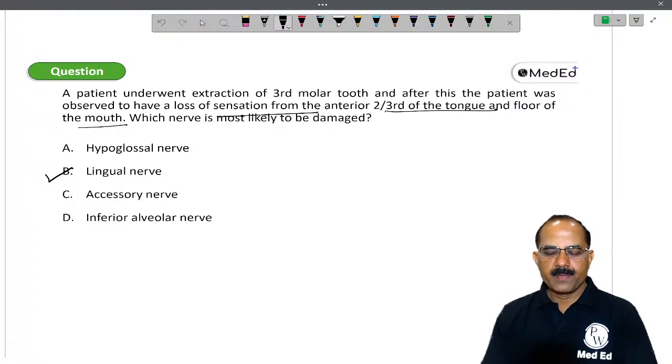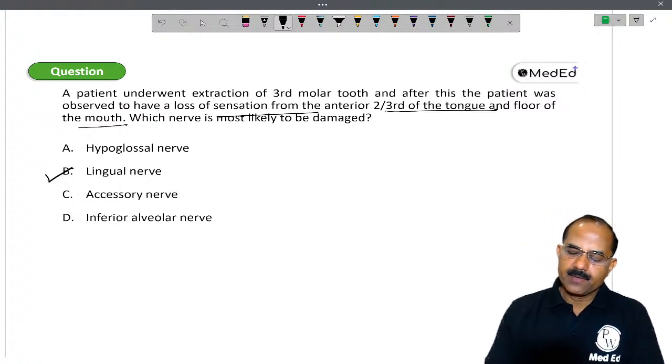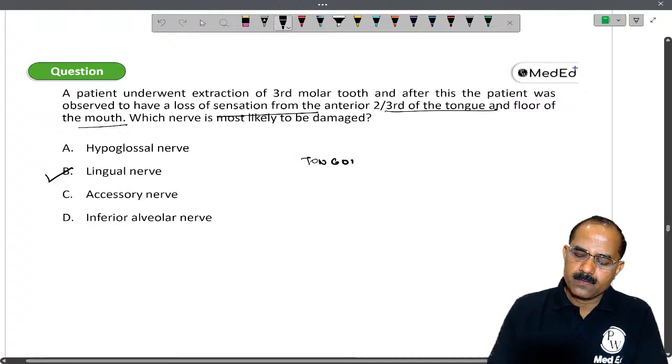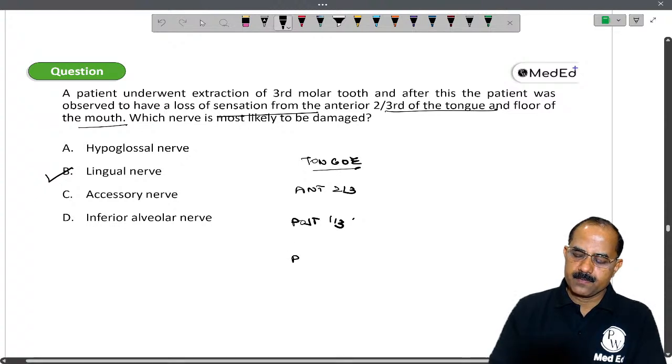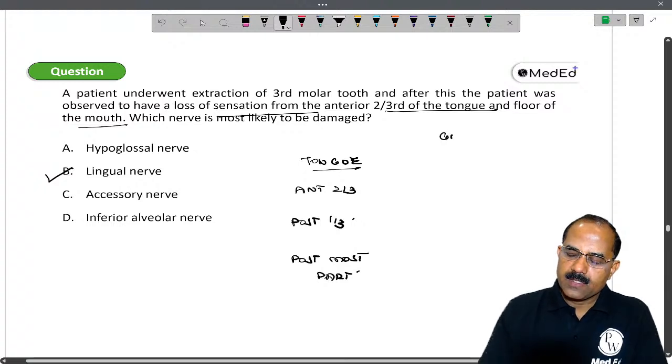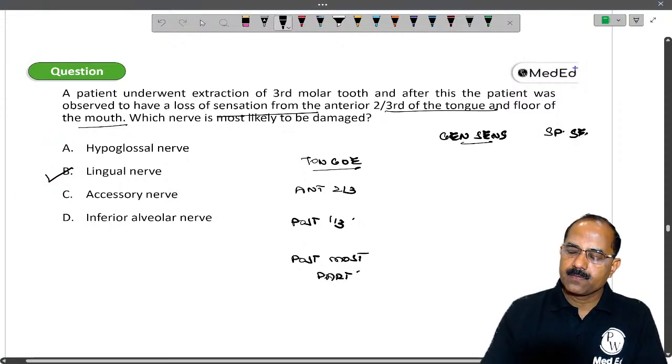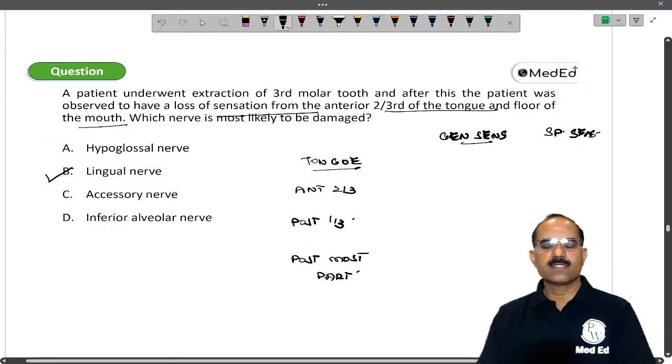So tongue का nerve supply पता है ना आपको? What is the nerve supply of tongue? Tongue का nerve supply. Anterior 2/3, posterior 1/3, posterior most part, general sensations and special sensations. Yes, any guesses? General sensations or special sensations?